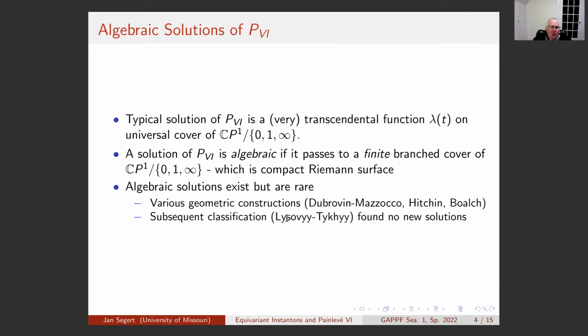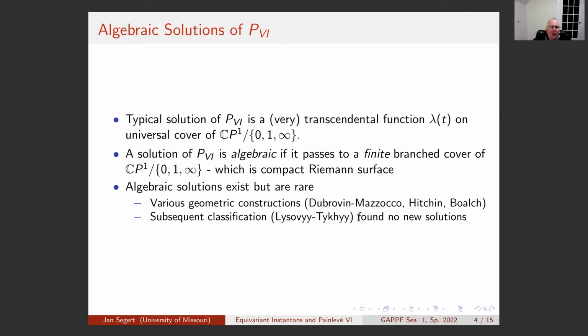And eventually, some years later, Lisovyy and Tykhyy did a classification, by classifying certain orbits of an infinite group. They found what all the possible algebraic solutions of Painlevé VI are, and there's a fair number of them. There are several discrete infinite families, and there's a couple dozen single solutions.